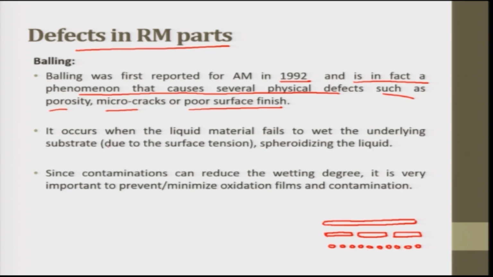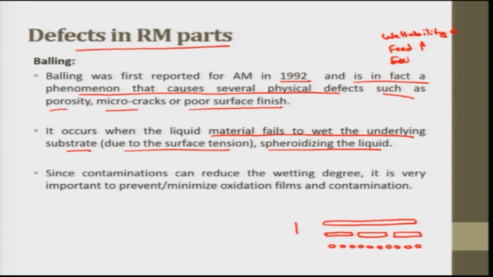It occurs when the liquid material fails to wet the underlying substrate due to surface tension spheroidizing the liquid. So, this is also one of the reasons. If the wettability of the material is lower, then also balling occurs. So, the reasons for balling are low wettability, high feed or low extrusion.